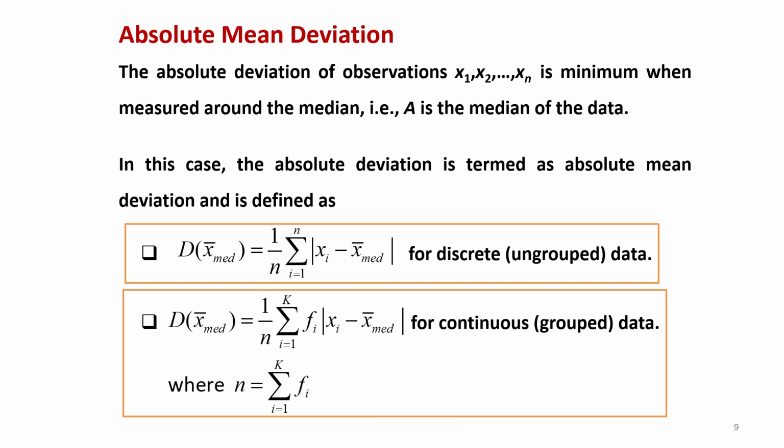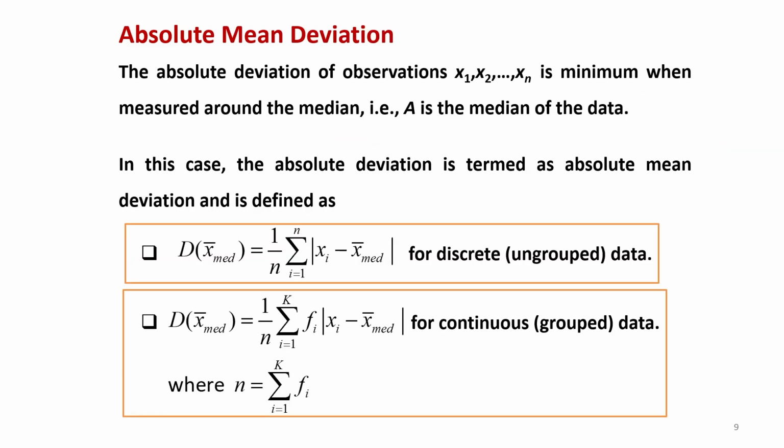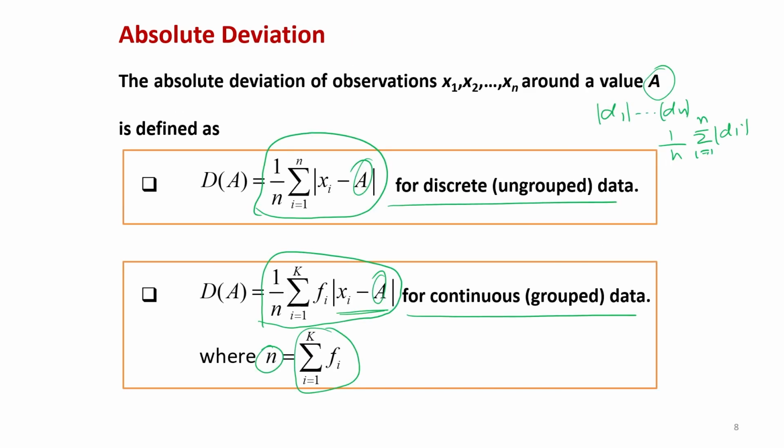Right. Now I am using a value a, and I am trying to measure the deviation around the value a. So the next question is what should be the value of a around which these deviations will take the minimum values.